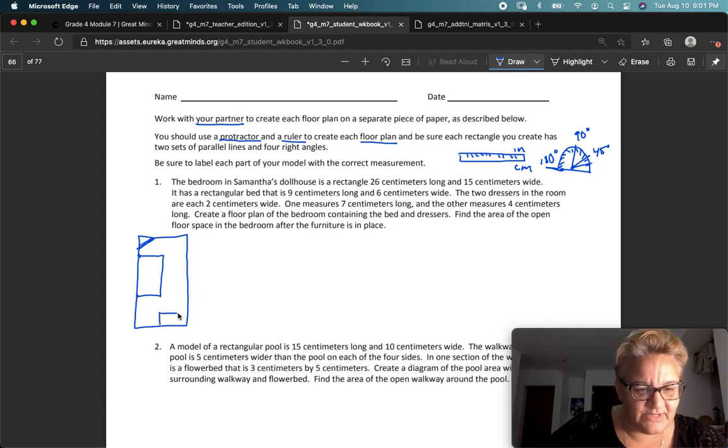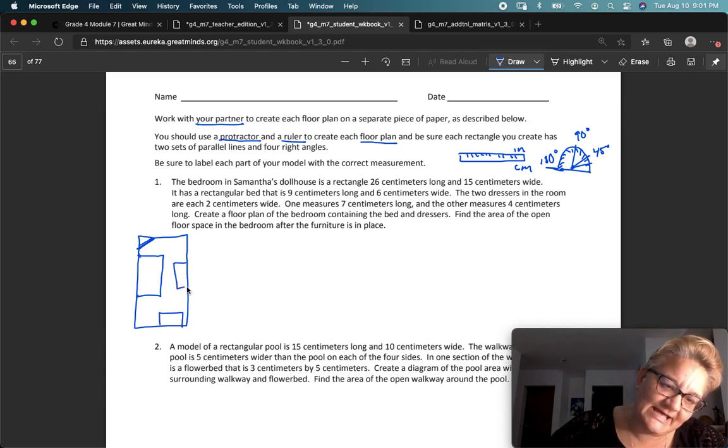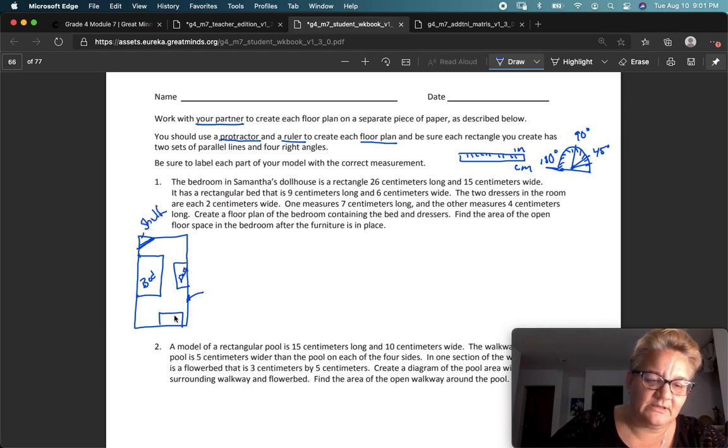And then I had a dresser, and then I had a desk, and the door was right here, so I couldn't put anything there. So if this is my bed, and this is my desk, and this is the shelf, and this is my dresser, we call this whole thing a floor plan.